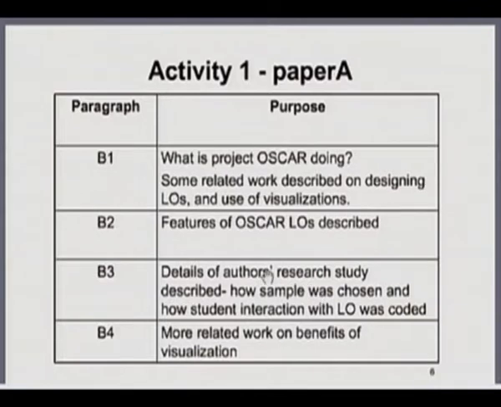Look at the methodology section in paper B, and I am referring to, let's go back a couple of slides, paragraph B3. The authors start by describing their research study. They say that we did a research study consisting of 8 students, and the rest of the paragraph is about the students and about the measurement.